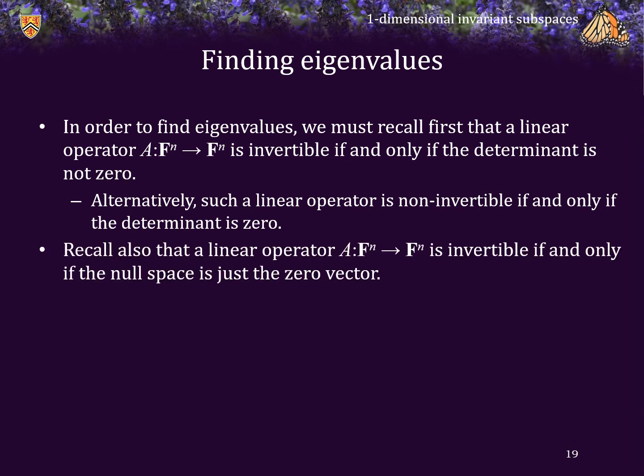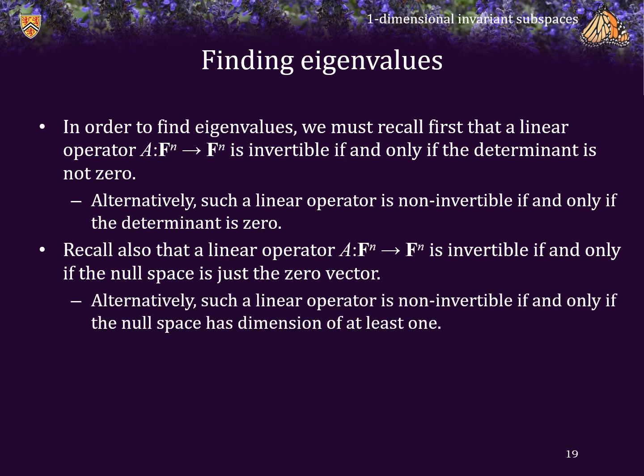Also recall that a linear operator is invertible if and only if the null space is just the zero vector. And equivalently, a linear operator is non-invertible if and only if the null space has dimension at least 1.